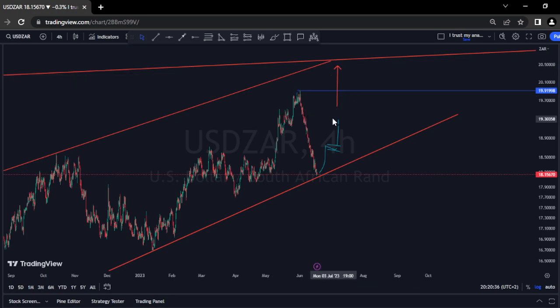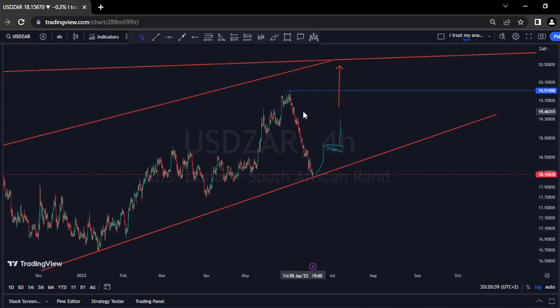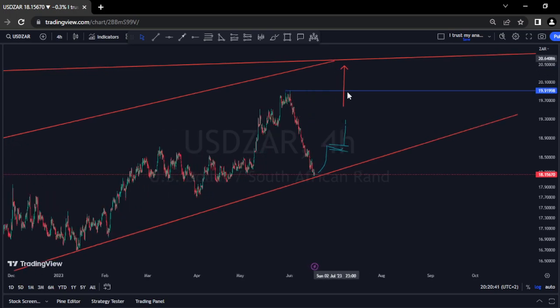So ideally, we look for targets before this high. We'll be looking for targets at the previous high right there first.